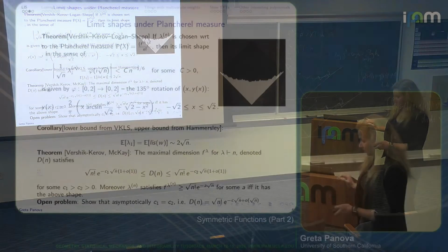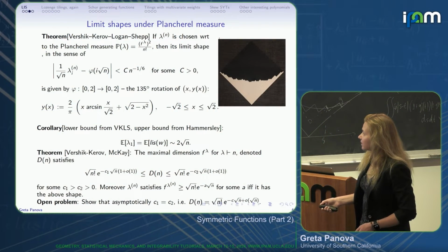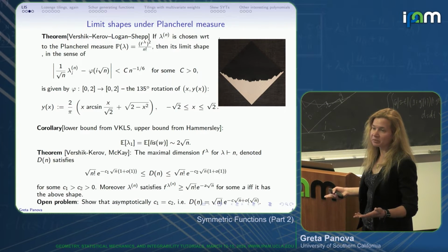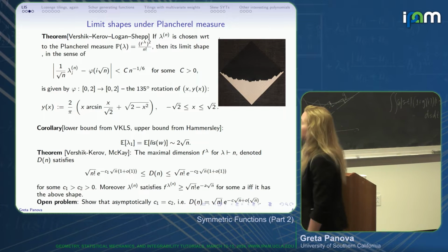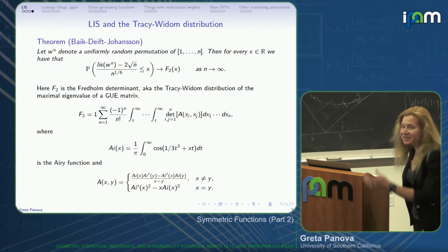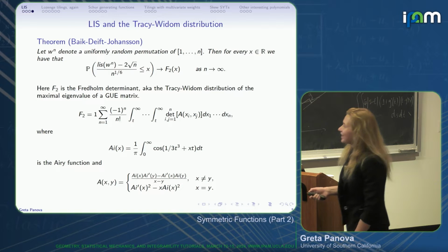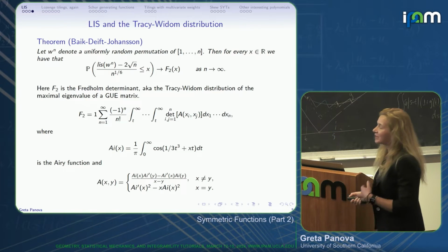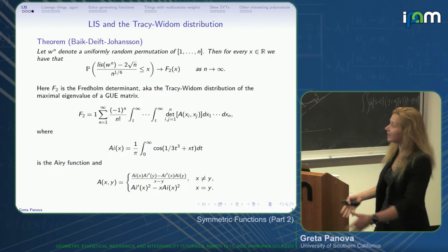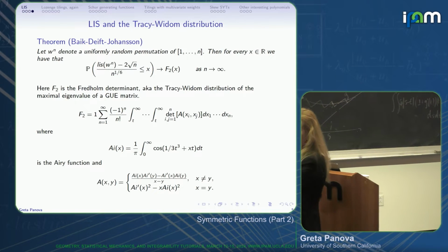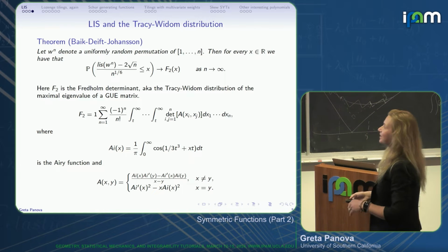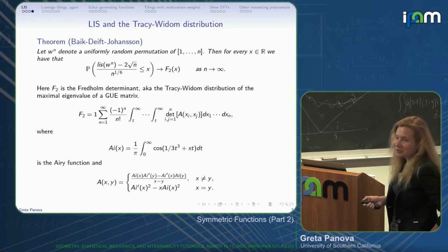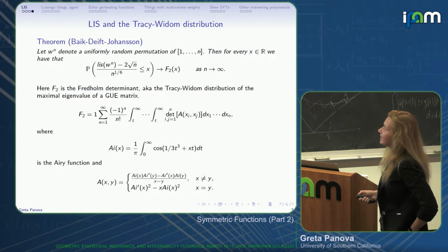We have the expected value of lambda 1. Can we actually figure out the distribution? Turns out we can. This is it. I have been to so many talks that mention the Airy kernel and Airy function without ever writing it down, so I decided to write the whole beautiful thing down just so you can appreciate it. This is a theorem by Baik, Deift and Johansson from the 90s.